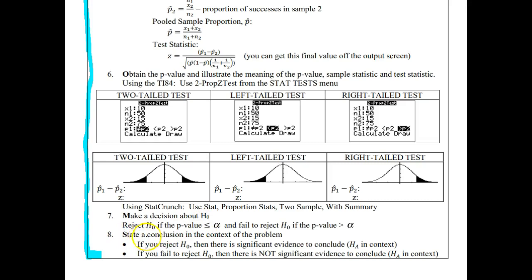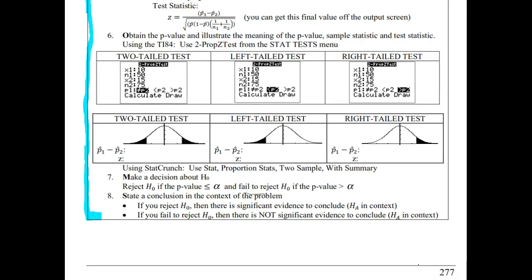Same logic as before: we're going to reject H0 if the p-value is less than or equal to alpha, and we'll fail to reject H0 if the p-value is greater than alpha. And then we state a conclusion. If we reject H0, so we throw H0 out, that means there is significant evidence to conclude, and then we write HA in the context of the problem. But if we fail to reject H0, then that means there's not significant evidence to conclude, and again, we would fill in HA in the context that we have.